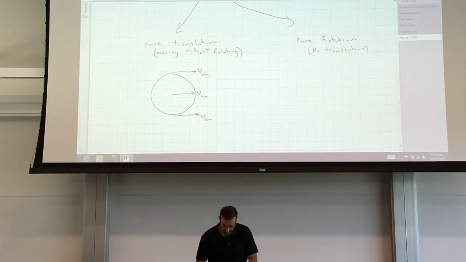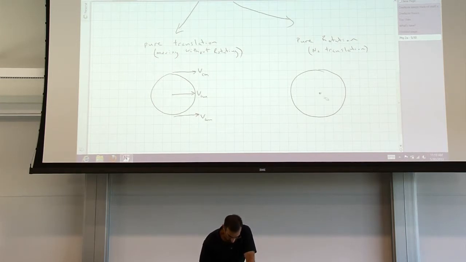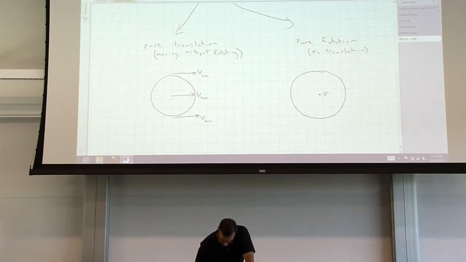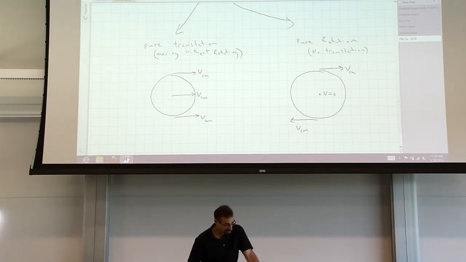Pure translation. Pure rotation means it's just spinning without going anywhere. All right, that's spinning, not going anywhere.